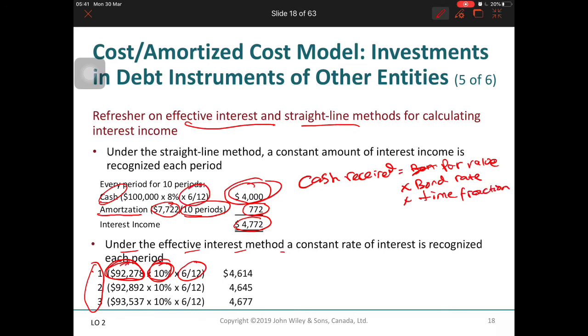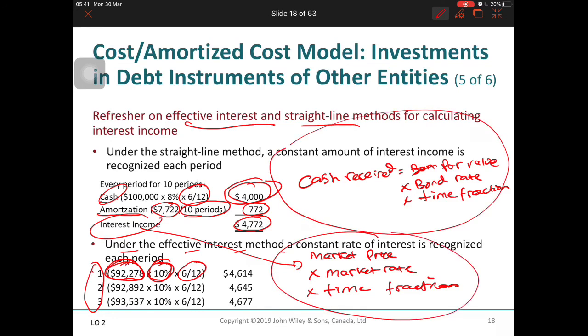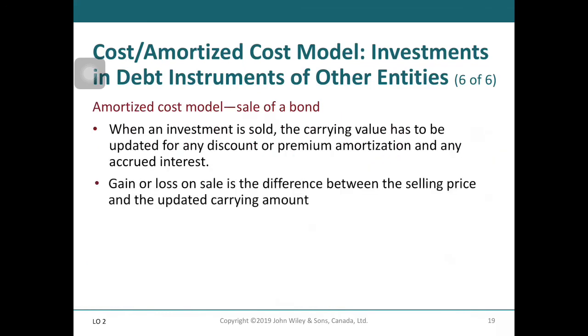For the interest income, it is the carrying value multiplied by the market rate and multiplied by the time fraction. You can see the difference here.